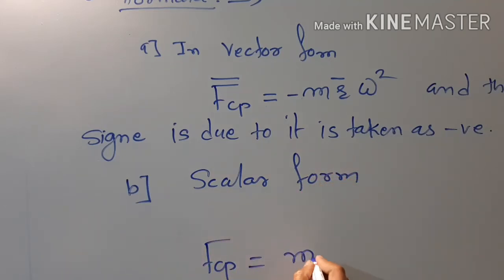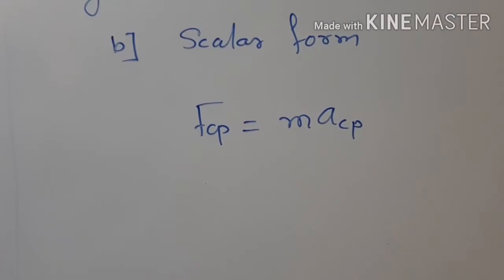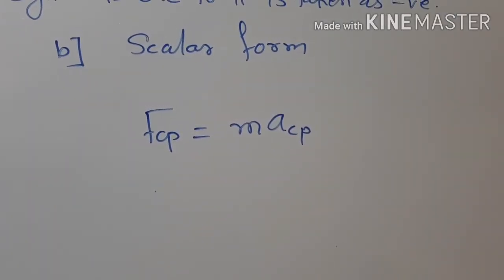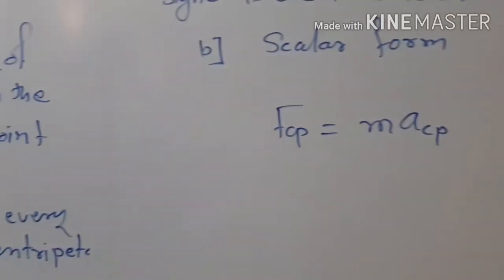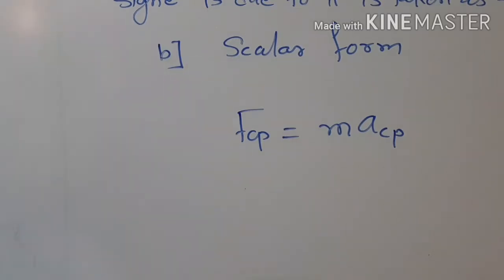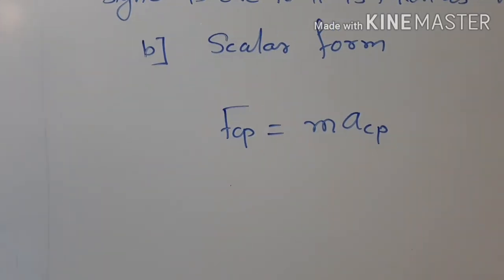F_CP is equal to mass into acceleration. And as we know three different forms of the centripetal acceleration, therefore the centripetal force is also expressed in three different forms.